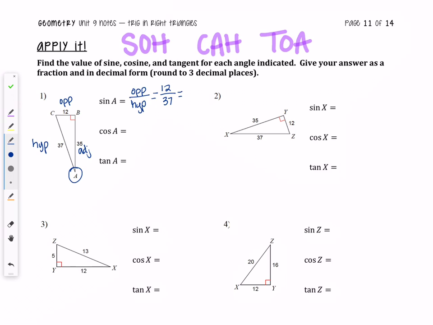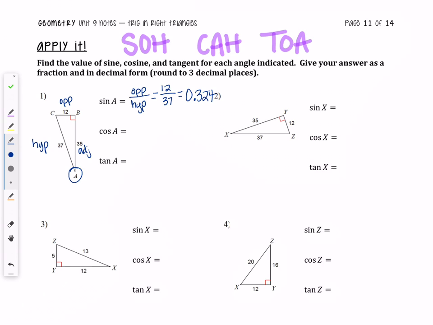Let me get a calculator real quick so that we can get that. Okay, so when I divide 12 divided by 37, that gives me 0.324, rounding to 3 decimal places. And that is what they wanted me to answer for that sine ratio.